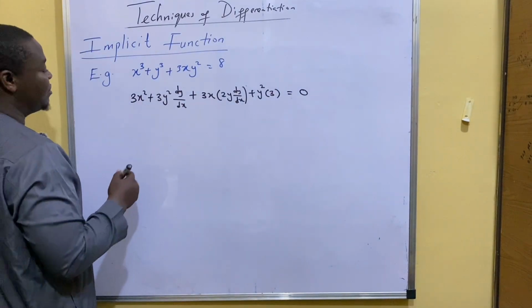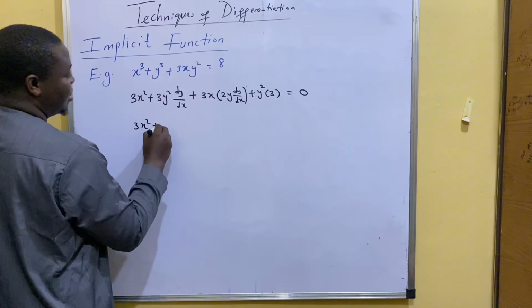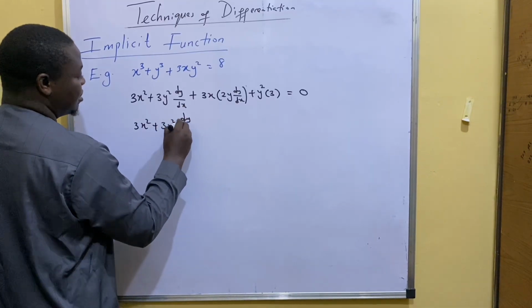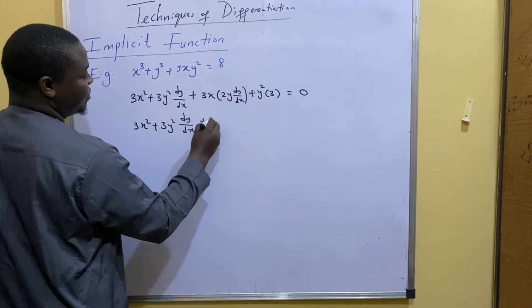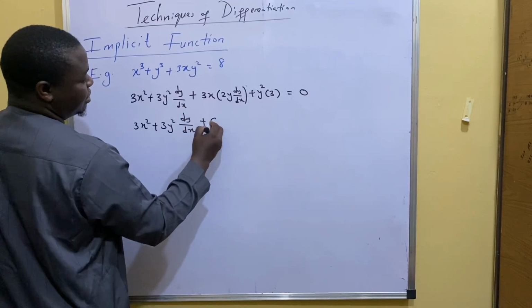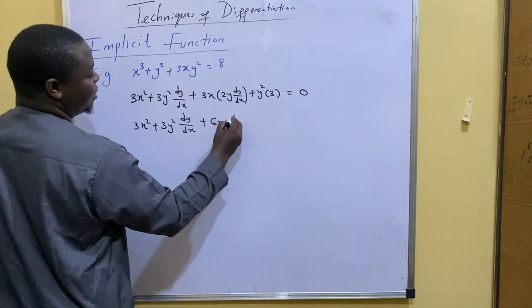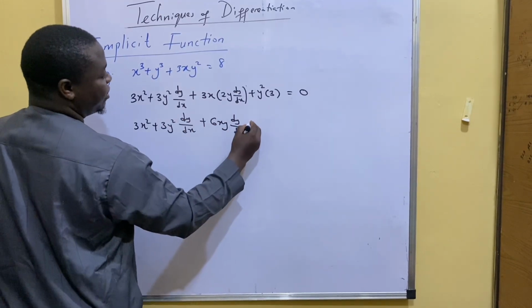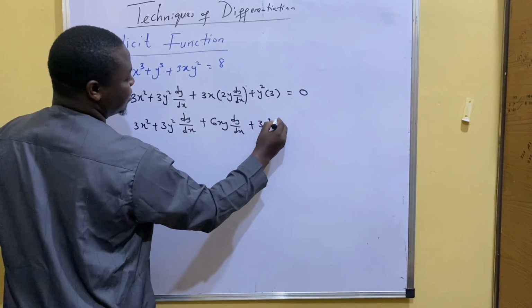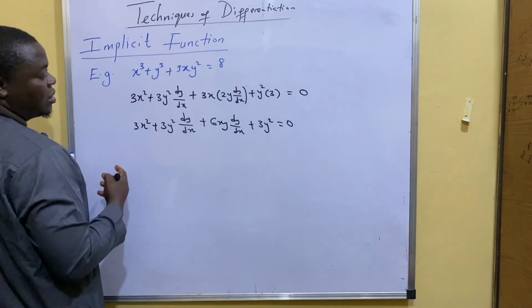So the next thing is just to simplify. We have 3x squared plus 3y squared dy/dx. Then this will give us 6xy dy/dx, 2 times 3 is 6, and then here we have 3y squared equals 0. So then we can collect like terms.